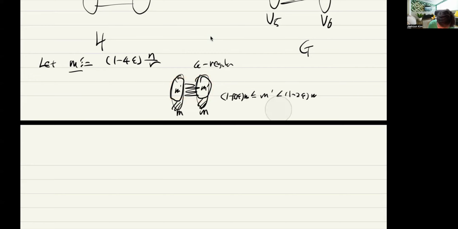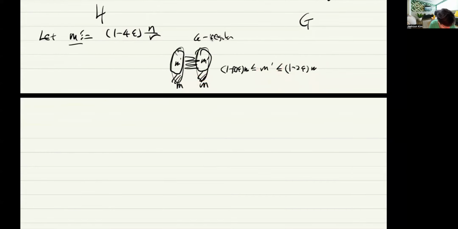In fact, this upper bound is here because there could be some small number of vertices with low degree, so you have to completely delete them. Once you delete them, you can freely delete a bit more vertices until you have exactly the same number as you wish.